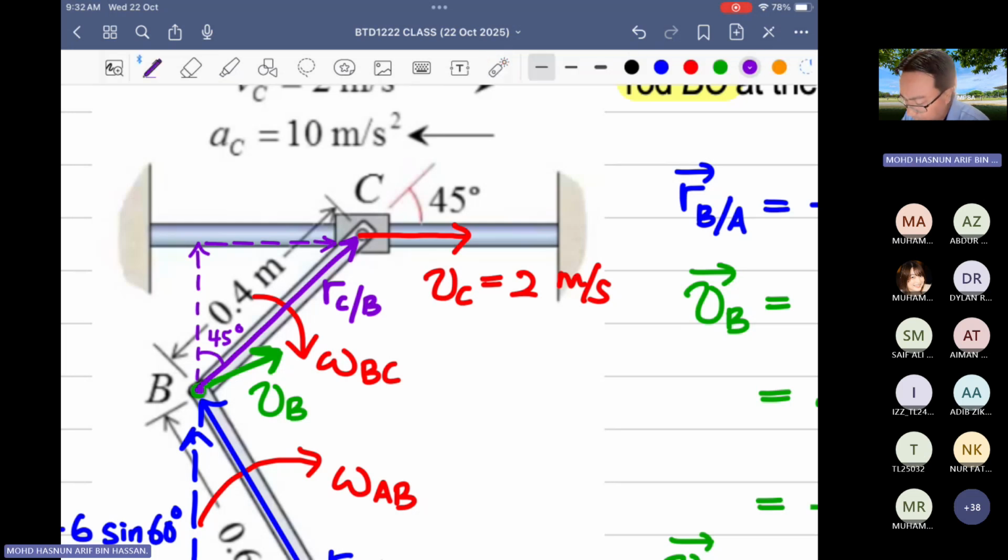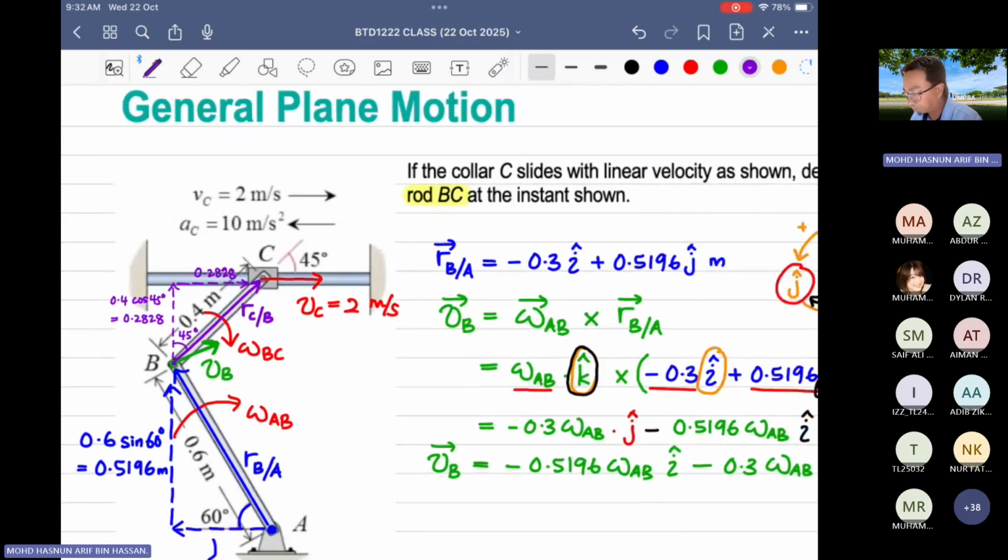So here will be 0.2828. Up here will also give you 0.2828. This is basically 0.4 cos 45 degrees. Up there is 0.4 sine 45, which will give you the same value.